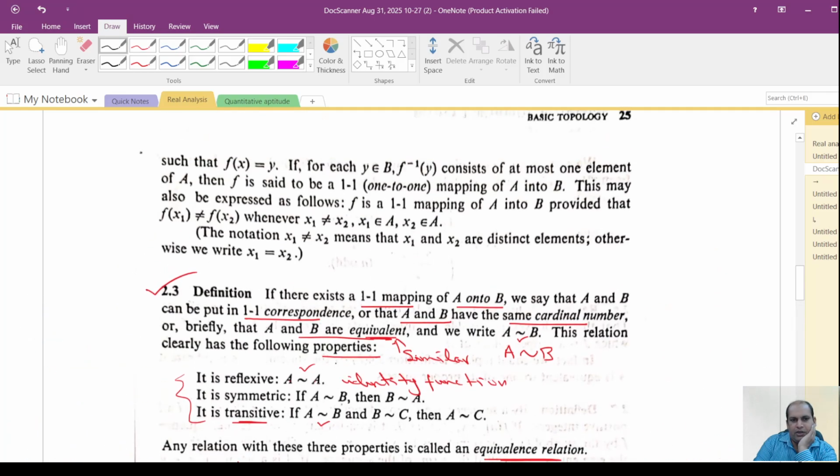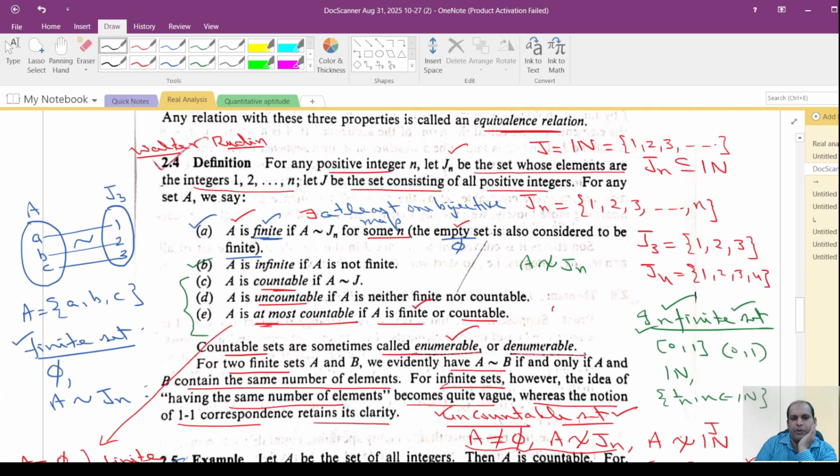Once I cover the representation of real numbers and the nested interval lemma, I will come back to some proofs of uncountable sets. Suppose a question is given to show that a set is uncountable. Contrary to it, we will assume that the set is countable.